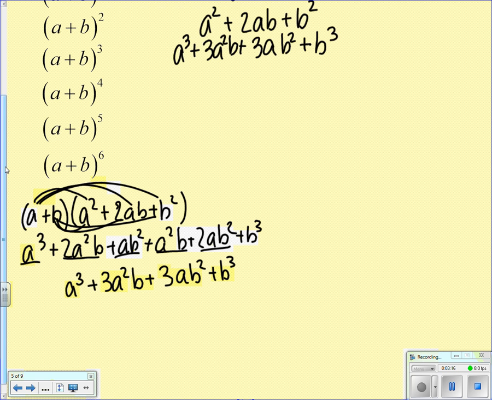And I want you to actually be writing all this out in your notes, because hopefully when we get done, you'll be able to see Pascal's triangle. So now, to do to the 4th, we're going to take this part and multiply it by a plus b.